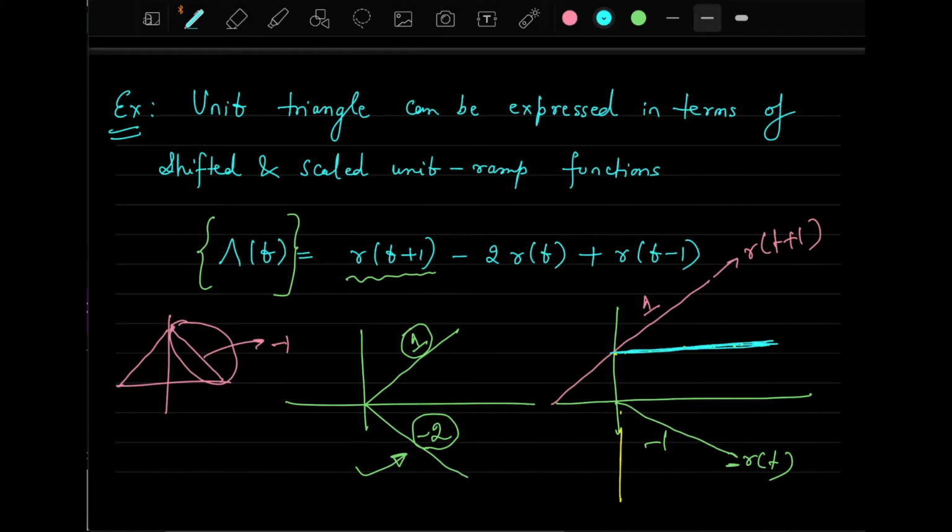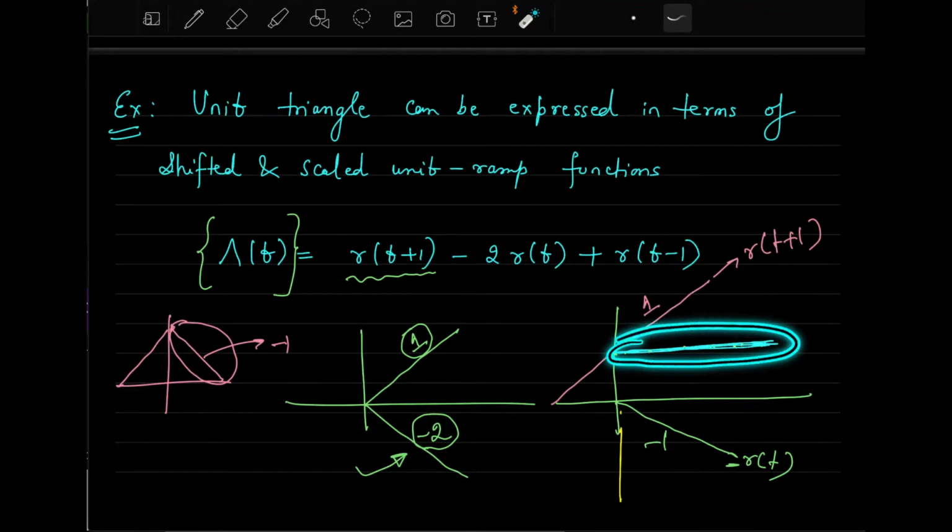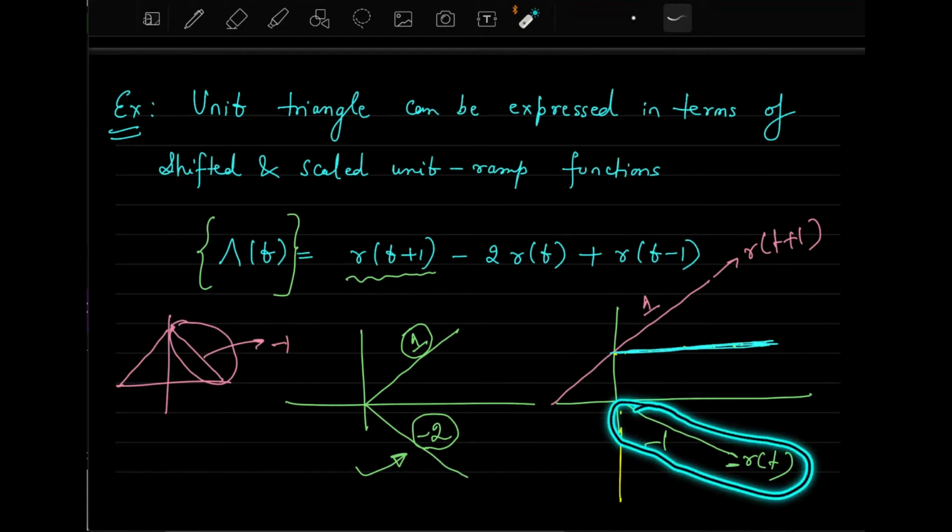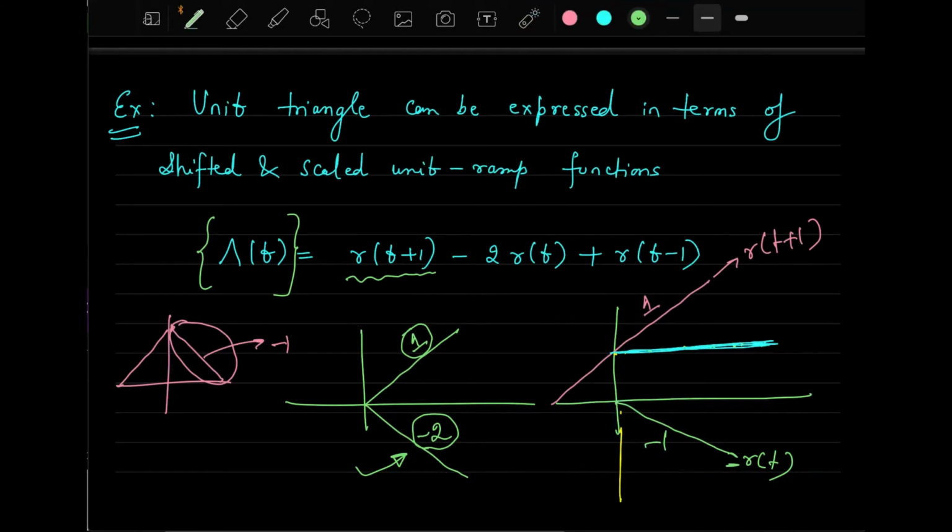Now again you want to do one more subtraction in order to make this slope negative one. So in order to do that, you will again subtract one RT. Once you have this blue line, and now you are again subtracting one RT from this, then this is 0 slope, so 0 minus 1, the slope will become negative.